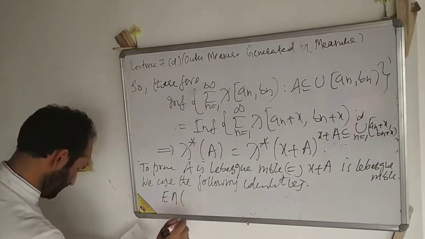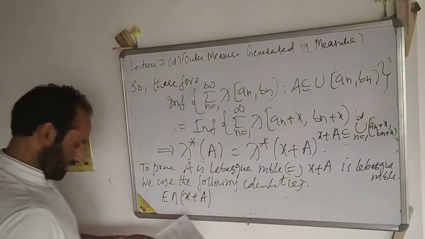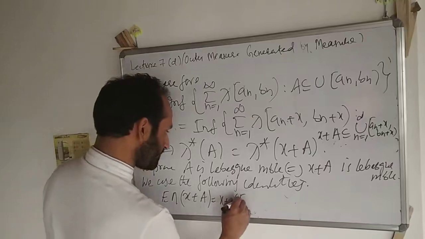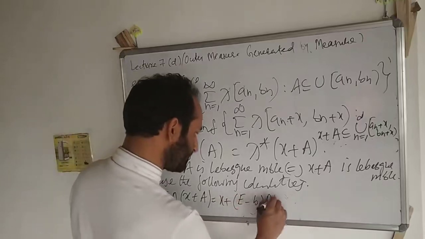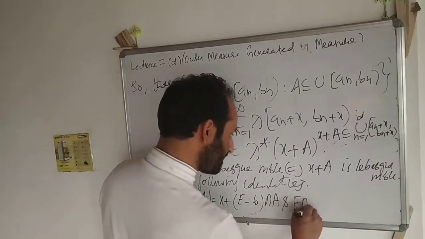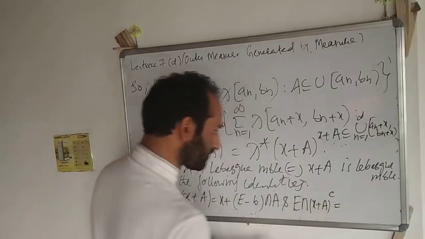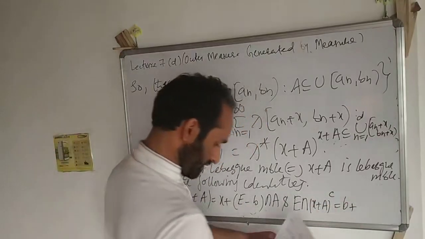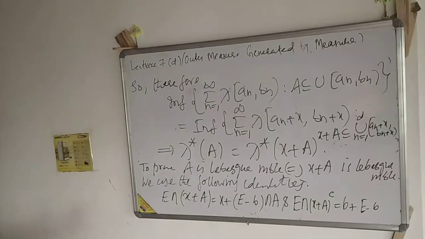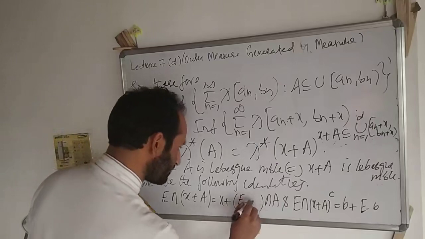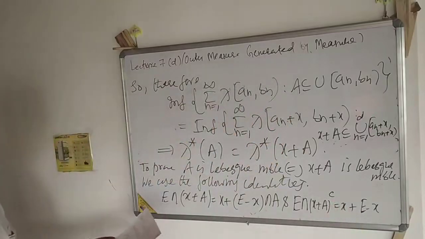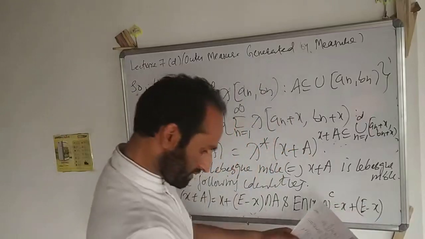One is E intersection x plus A is the same as x plus, E minus x, intersection A. And E intersection x plus A complement is equal to x plus, E minus x, intersection A complement.